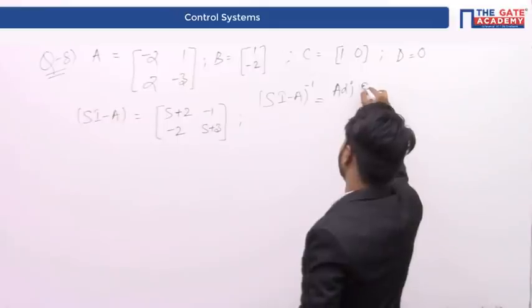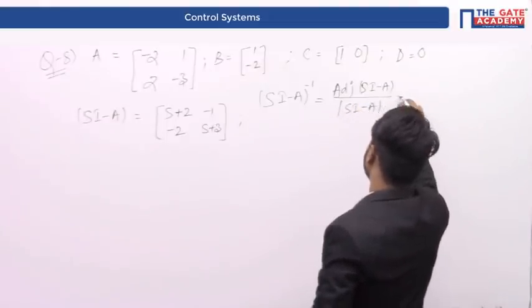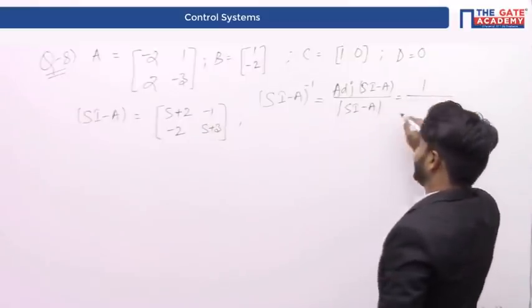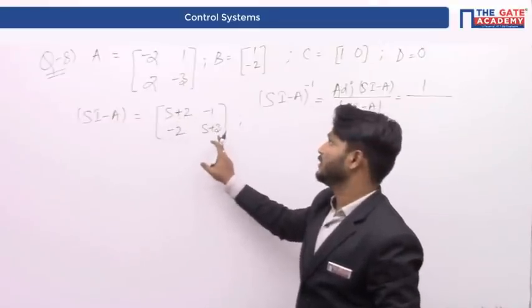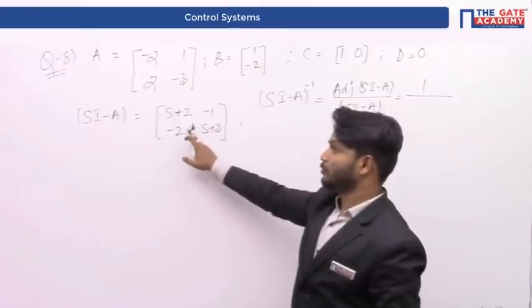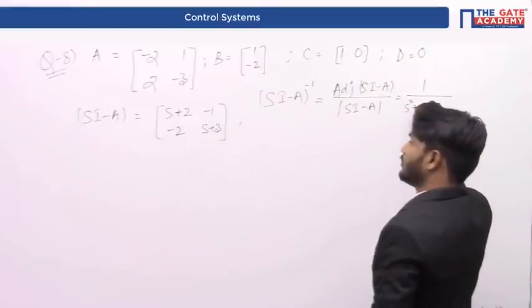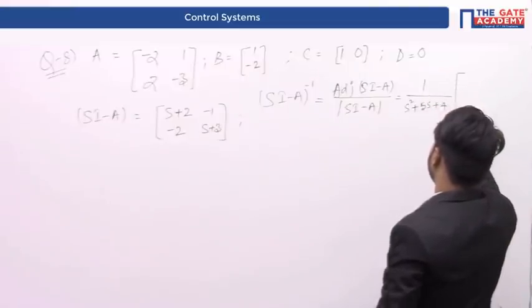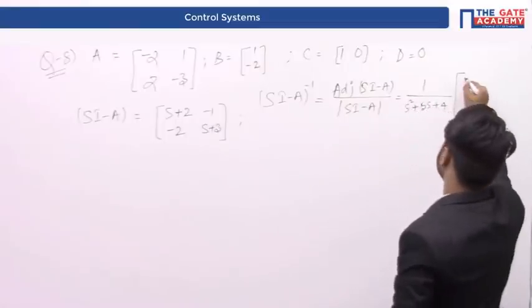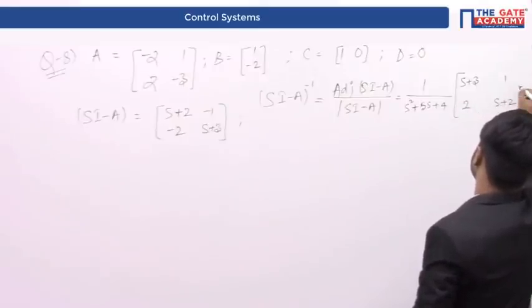Adjoint of (sI minus A) divided by determinant of (sI minus A) is equal to 1 by the determinant. The determinant is (s plus 2) into (s plus 3), that is s square plus 5s plus 6, minus 2, that is s square plus 5s plus 4, multiplied by the adjoint, which is [s plus 3, 1; 2, s plus 2].